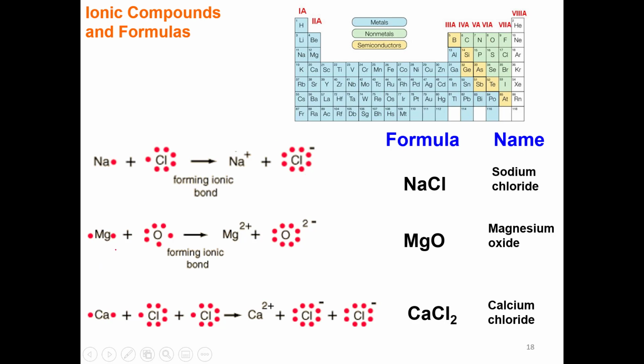Then to be stable, what happened? Magnesium will transfer 2 electrons to oxygen. This is why we don't have any dots here. Now magnesium became +2 because magnesium lost 2 electrons. And you see magnesium is +2.